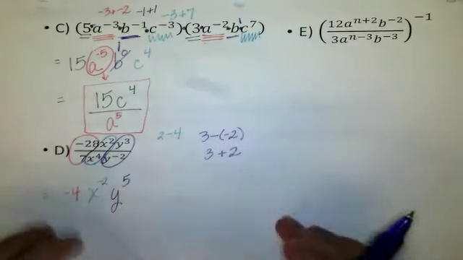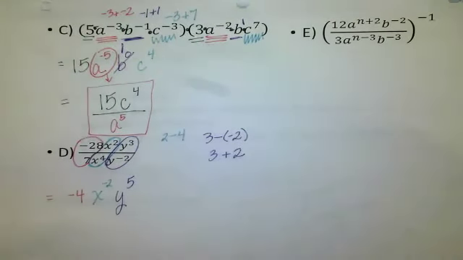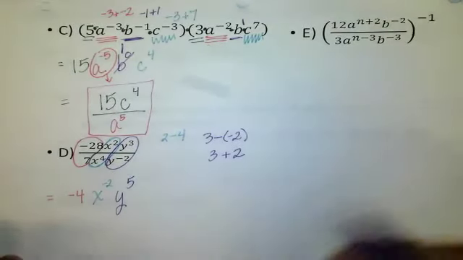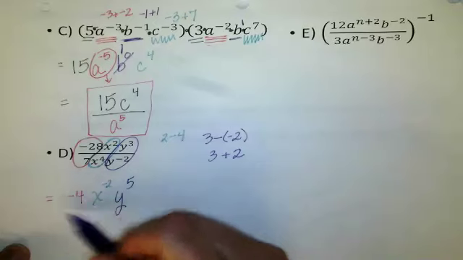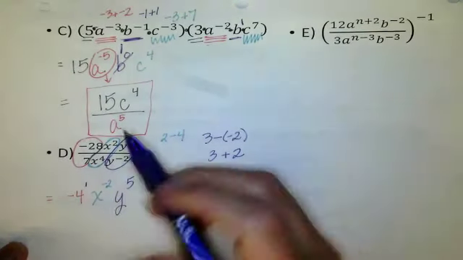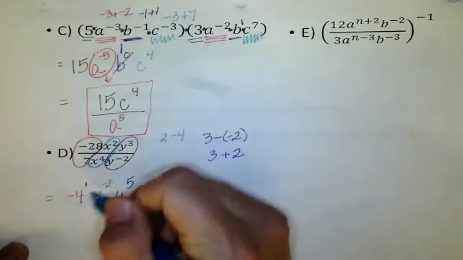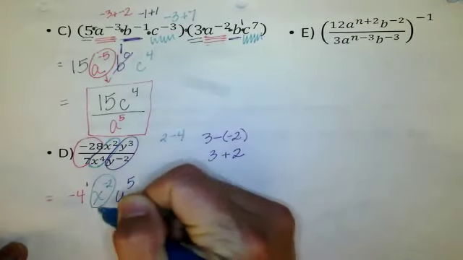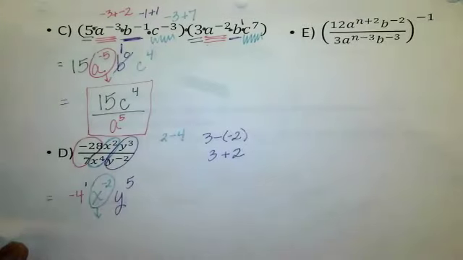You do have to be a little bit careful. Again, there's lots of ways to do this, but today my focus is using the rules. All right. Negative 4 is perfectly happy where negative 4 is. But what should we do with x to the negative 2? Denominator. Move them down to the denominator.